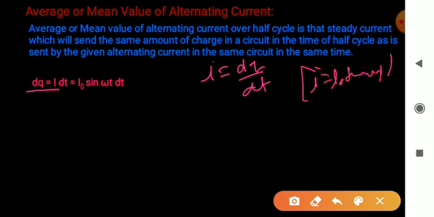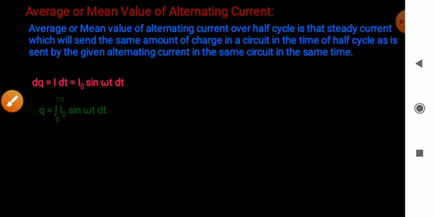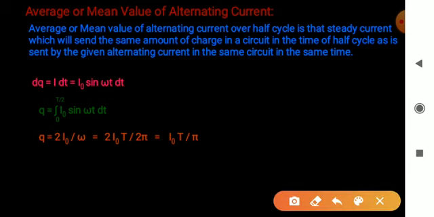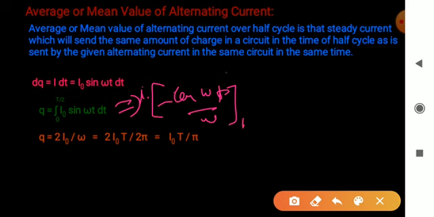So dq equals I naught sin omega t dt, or q is given by integrating this equation from 0 to T by 2 of I naught sin omega t into dt. Okay, on integrating, the integration of sin omega t is minus cos omega t upon omega. So we have I naught times minus cos omega t upon omega, integrated from 0 to T by 2.